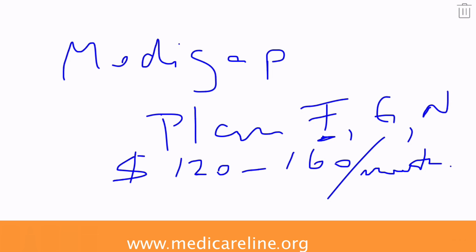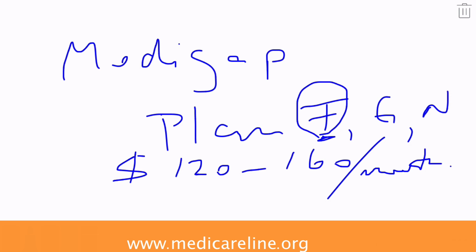If you purchase a plan F, okay, this will cover everything. Meaning, it will pick up your variable costs, both for Part A and for Part B. So all those deductibles for Part A, the $1288 deductible that you have to pay, that's picked up by this plan.